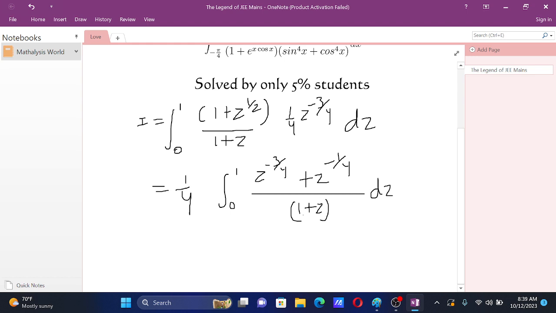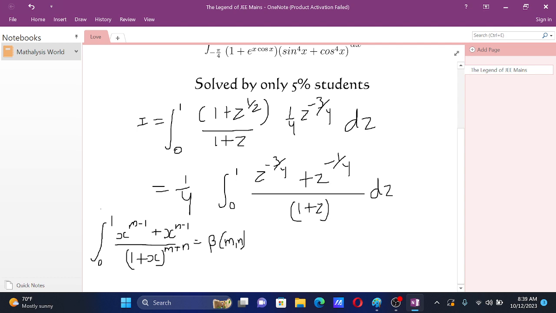Now we know that integral from 0 to 1 of x to the power m minus 1 plus x to the power n minus 1 by 1 plus x to the power m plus n is actually the beta function, beta of m and n.